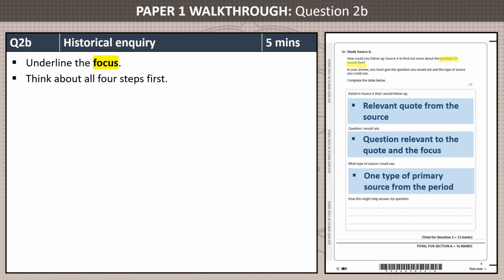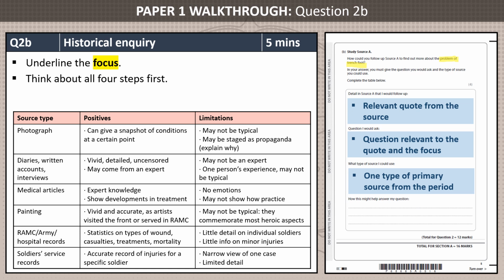We don't want a historian's work because these sources were created later after the events. We want primary sources from the time period. For example, we might want the diary of a stretcher bearer, somebody who was actually there and created the source at the time. Remember the list of sources which I showed you earlier in this video, as these will help you.